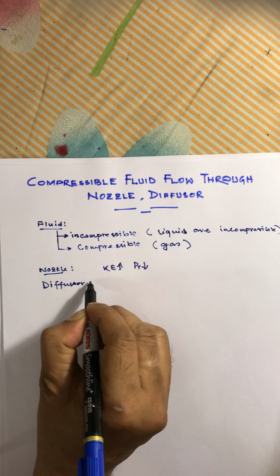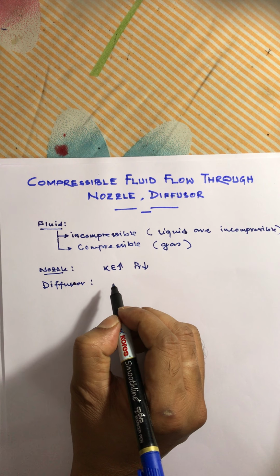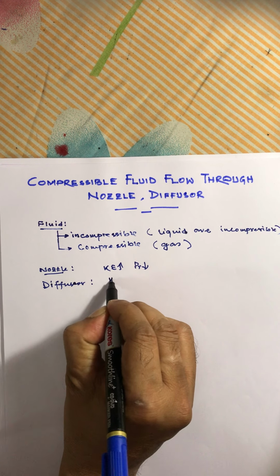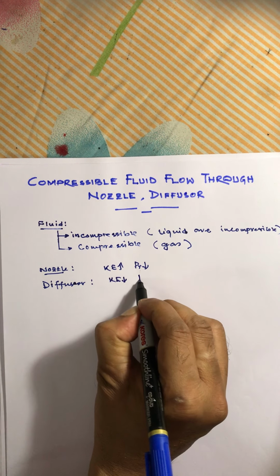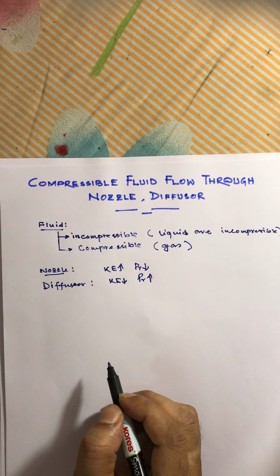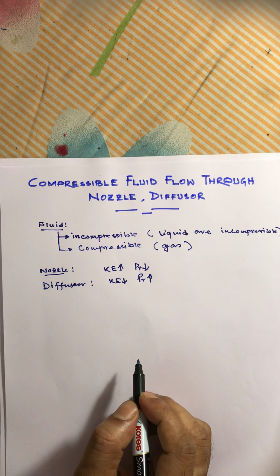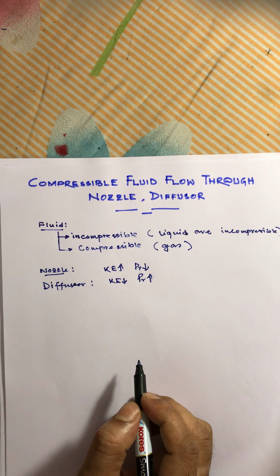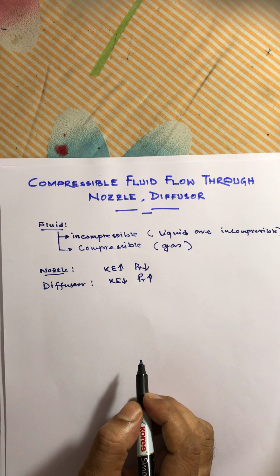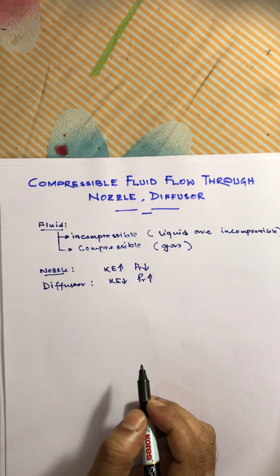Diffuser is a passage through which a fluid loses kinetic energy and gains pressure. So, kinetic energy will decrease and pressure energy will increase. The same duct or passage may be either nozzle or diffuser, depending on the end condition across it.